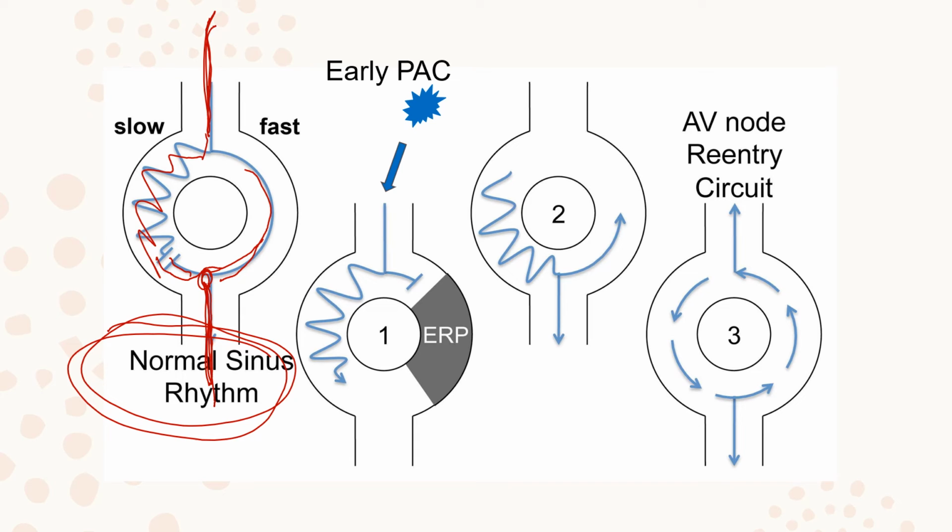If it runs into another action potential or electrical impulse, they essentially cancel themselves out, so there's no issue there. An impulse comes down and excites both pathways, but in the normal situation only one impulse goes down to the ventricles, and the other essentially cancels out.